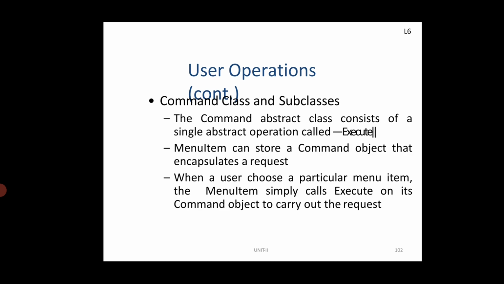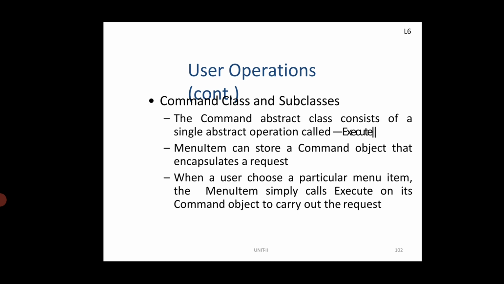The next subconcept is the command class and subclasses. The command abstract class consists of a single abstract operation called execute. First we define a command abstract class to provide an interface for issuing a request.